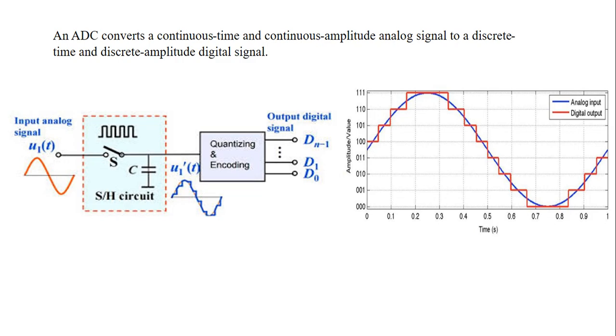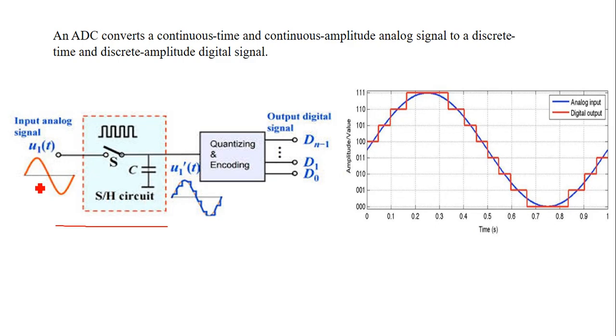How? Here one block diagram is there. This is the sample and hold circuit. It is called a sample and hold circuit because it samples the signal by using a switch and holds it for a moment.